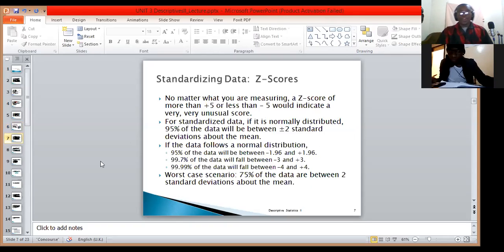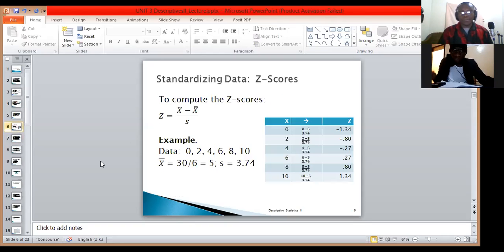To repeat the last statement: the Z-score for a data of 0 with a mean of 5 and a standard deviation of 3.74 is negative 1.34.